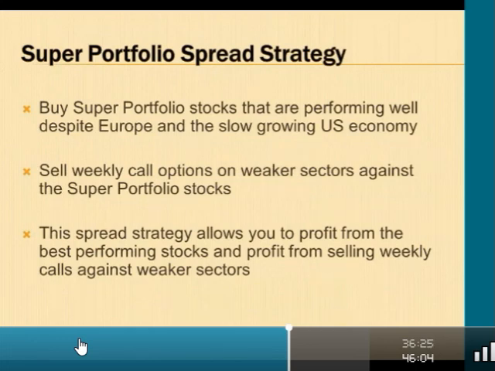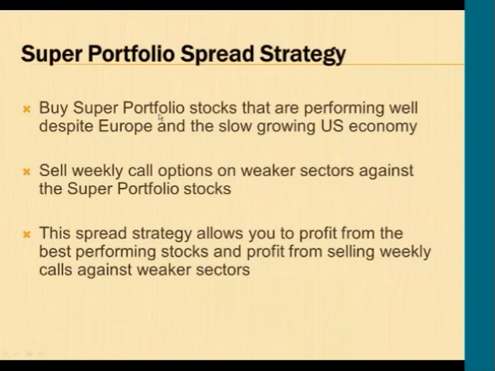And we also have a super portfolio spread strategy, and with the spread strategy, we buy super portfolio stocks that are performing well, and then we sell weekly call options on weaker sectors against our super portfolio stocks.